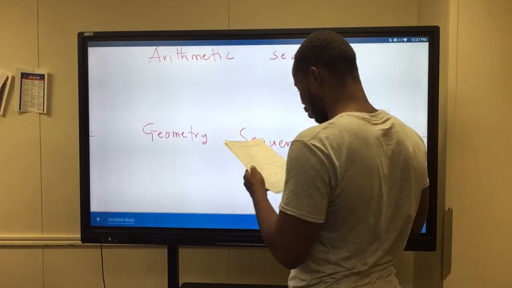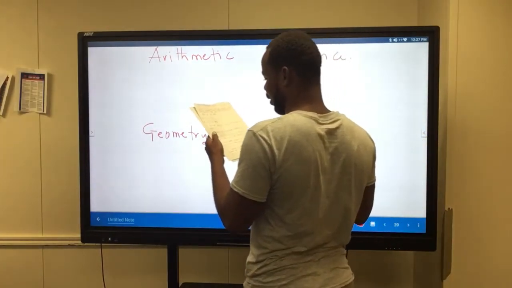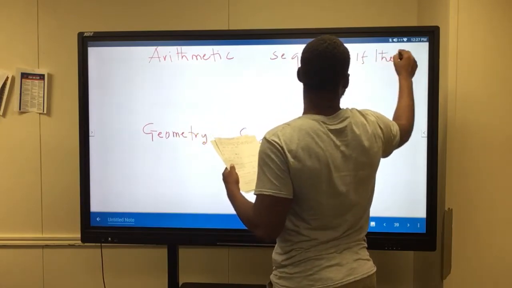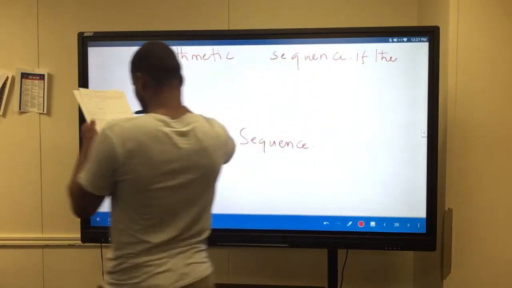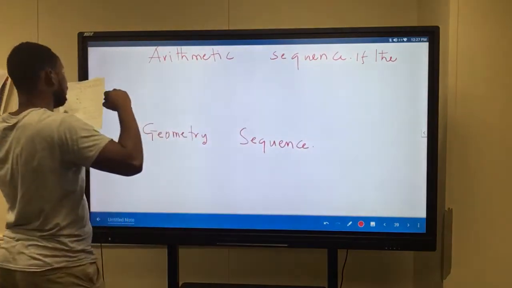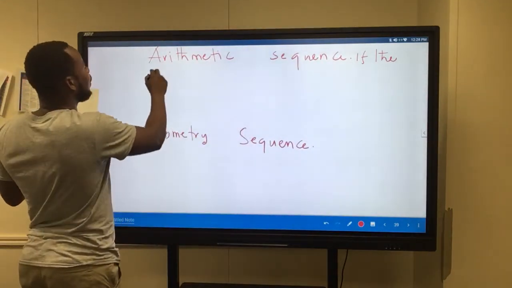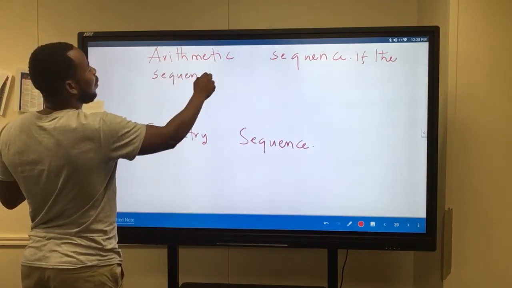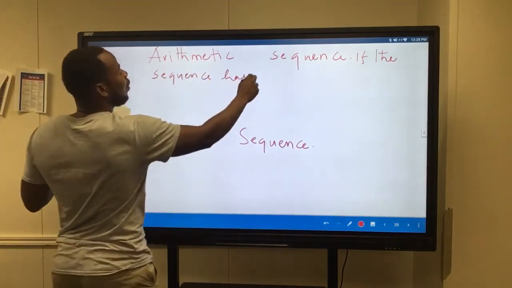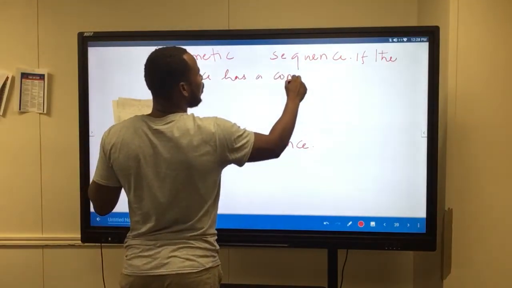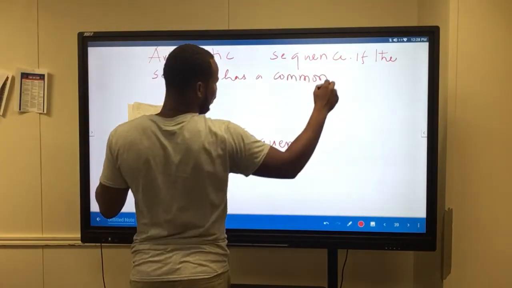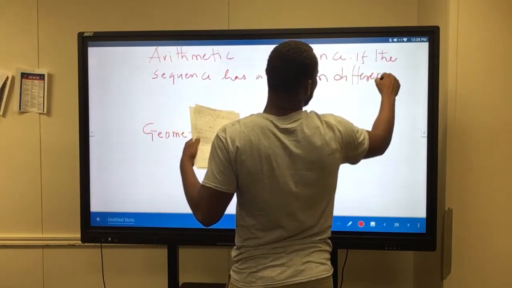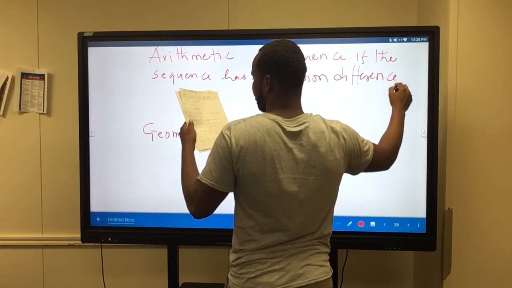If the sequence has a common difference... What do they mean by common difference? We'll find out about that common difference.